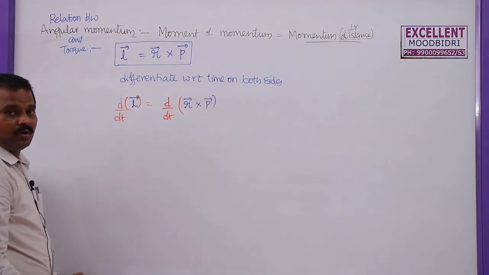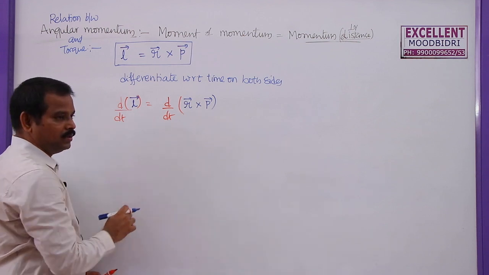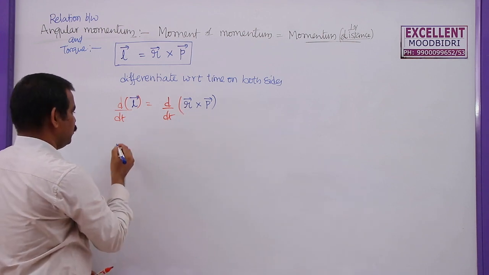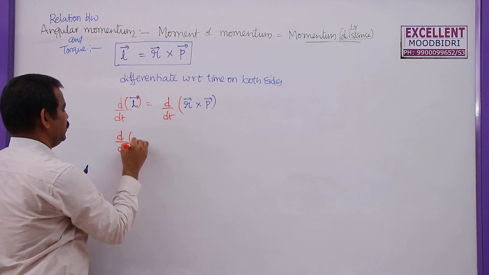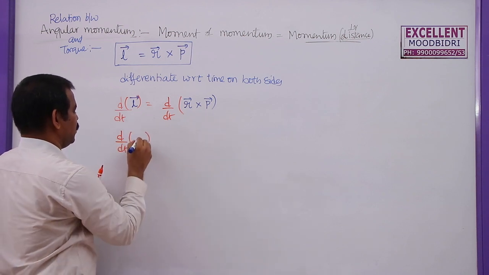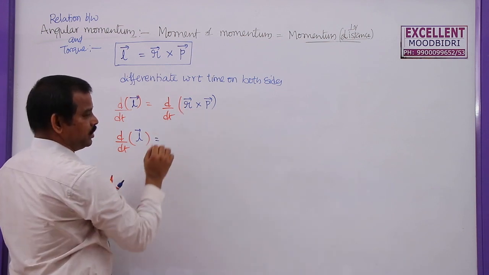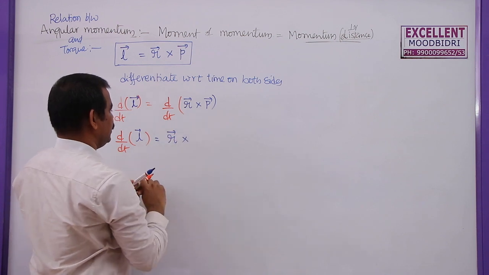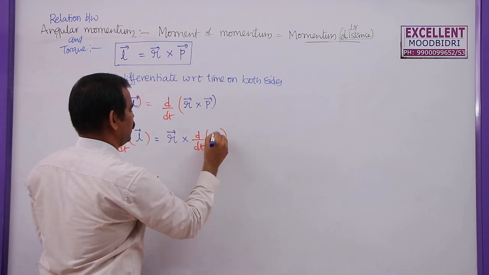Now, in basic mathematics, sir might have explained about this UV formula. So, I am going to write this. d by dt of L bar is given by, first you bring this one outside, R bar cross d by dt of P bar.